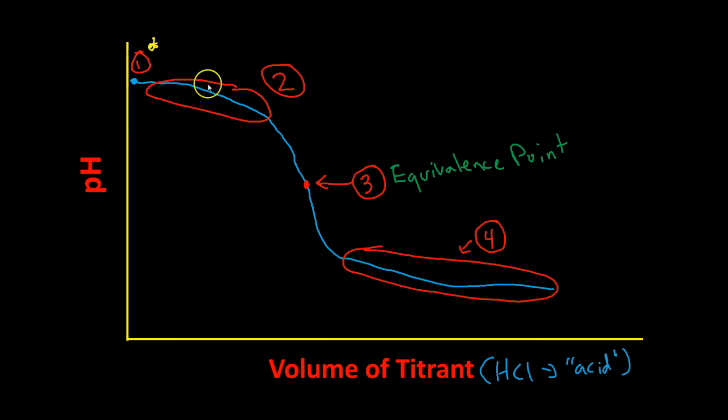We shift it down, moving towards these more acidic regions. As you monitor the pH, you're going to see this gradual decline, and then you're going to see a big jump, and that big jump is going to happen at the equivalence point.